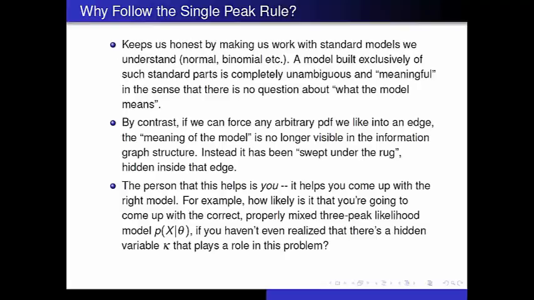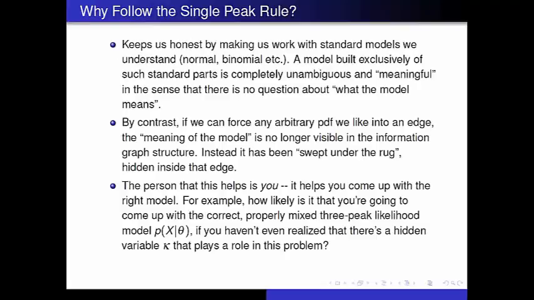By contrast, if on any given edge, I can stuff in there any darn thing I want, and actually as many things as I want, and make it as complicated as I want, you look at the information graph structure, and you don't even know, oh, that one edge there, he hid like 19 things inside there. What's the model? You don't know. You don't even know you don't know, because you don't know that I stuffed 19 things in there. Okay?